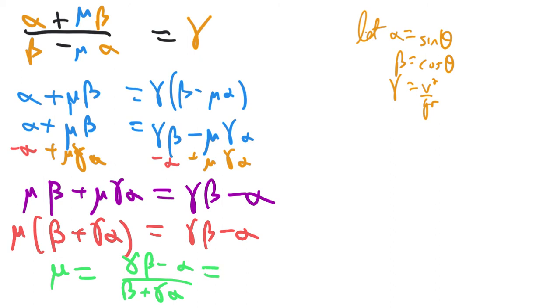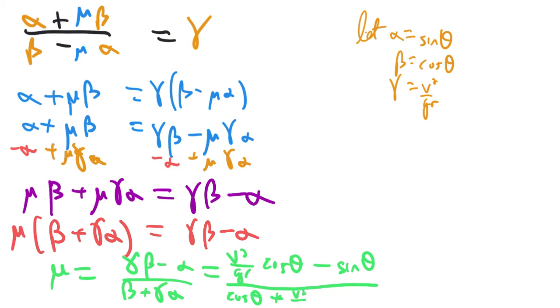Now we can substitute back our things, and we have craziness of v squared over gr times cosine of theta minus the sine of theta, over cosine of theta plus v squared over gr sine of theta.